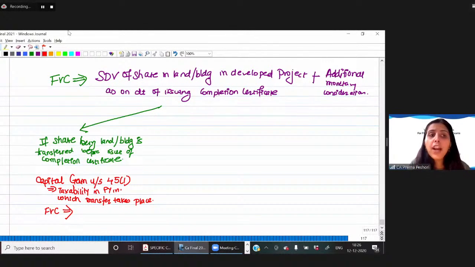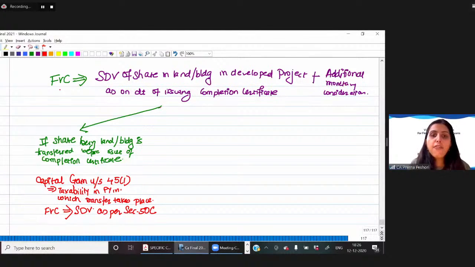Because if 45(5) was applicable, full value of consideration was SDV of share in land or building, right? But now 45(5) is not applicable. So what will be your full value of consideration? Full value of consideration will be SDV as per section 50C. Because then normal provisions will apply. Is it clear?